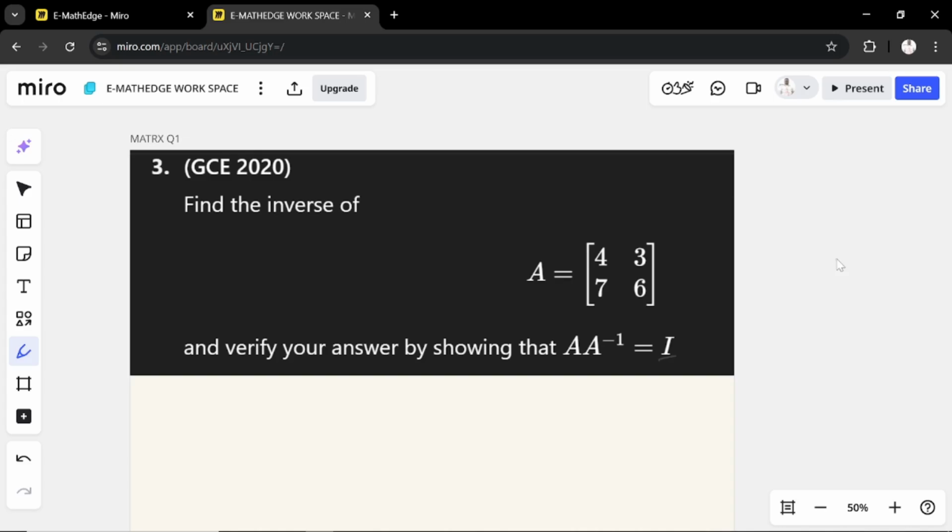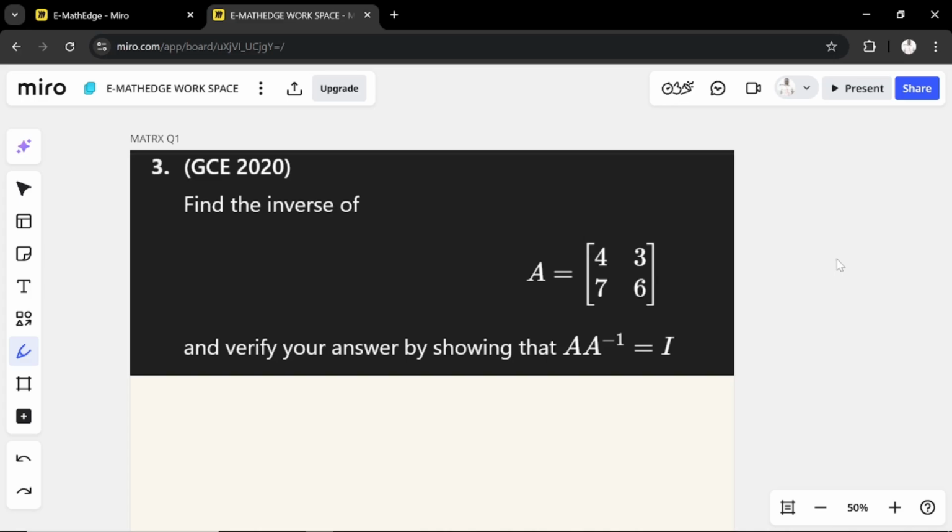This is I, which stands for identity matrix. So you are to first find the inverse of this matrix A, after which you are to confirm or verify if the product of the matrix A with the inverse which you obtain will give you an identity matrix.